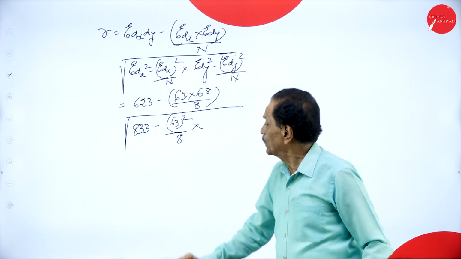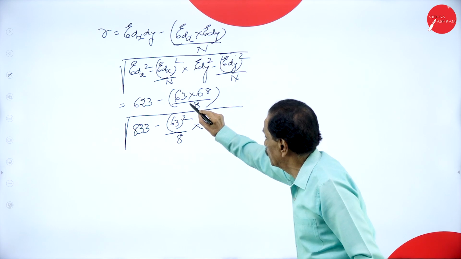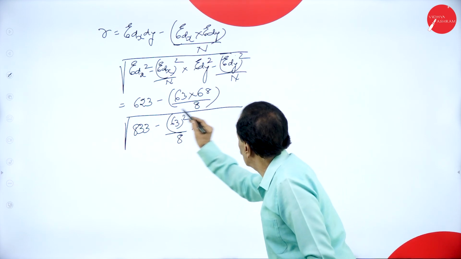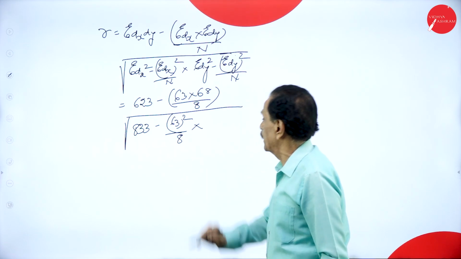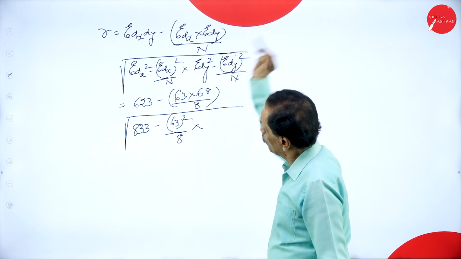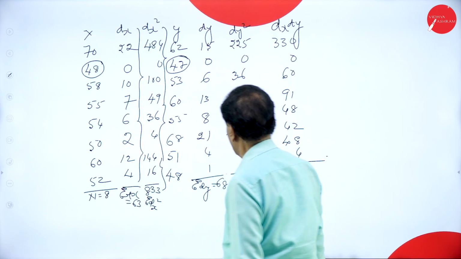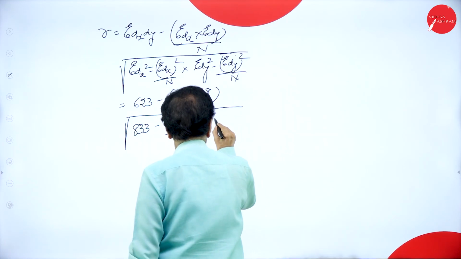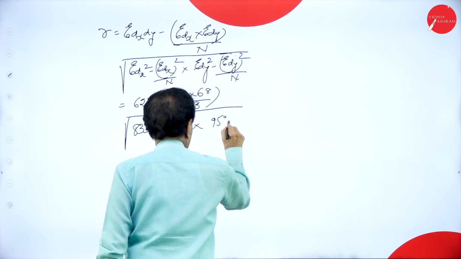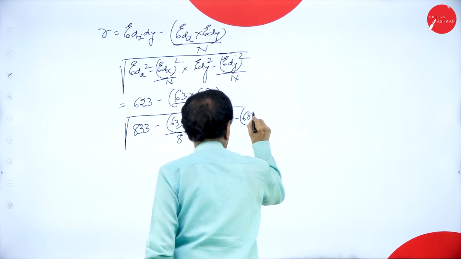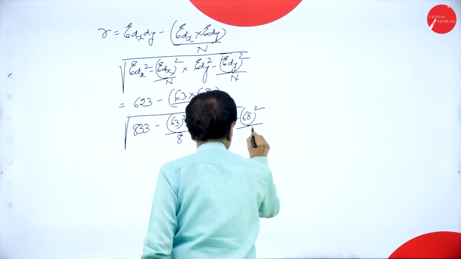So sigma dx dy is 623, minus 63 into 68 divided by 8, divided by root of sigma dx square, which is 833, minus sigma dx whole square, which is 63 whole square divided by 8. What is sigma dy square? 952 minus sigma dy, 68 whole square divided by 8.